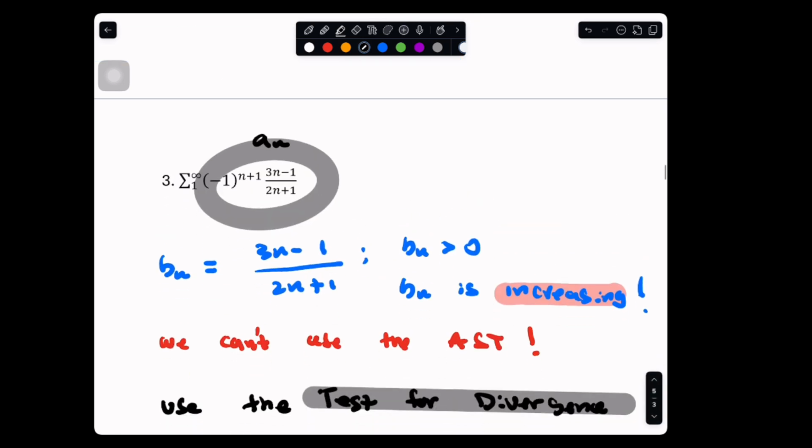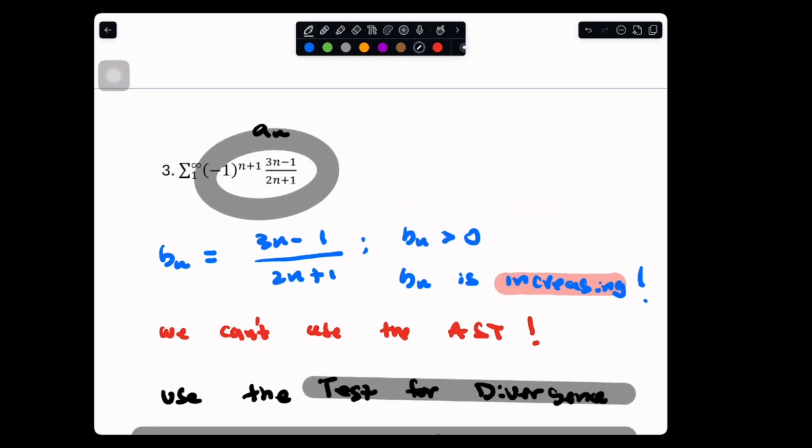Now, I have to look at what? This is my a_n. I need the absolute value of (-1)^(n+1) times (3n minus 1) over (2n plus 1). I've got to look at this absolute value.